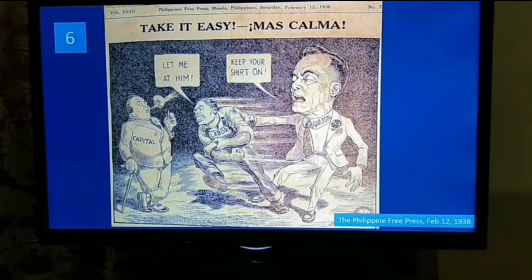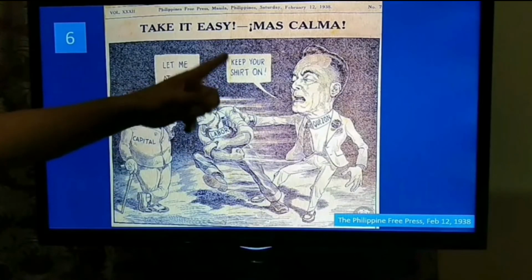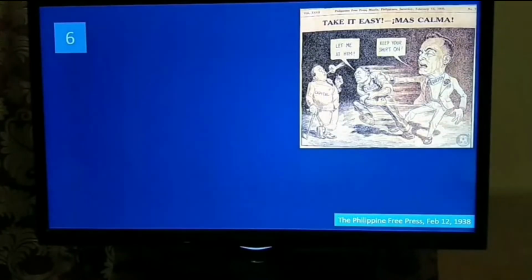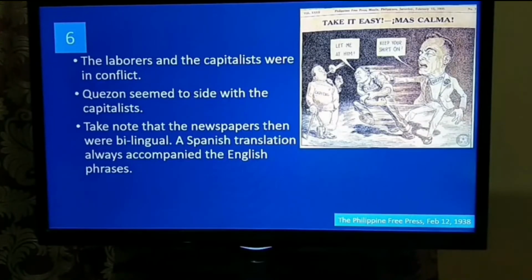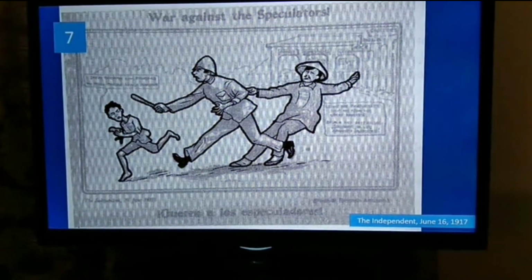Yes, on the side of the capitalists, because they are preventing a labor attack, or what the labor sector would want to happen. They are preventing it by saying, mas calma, okay? Take it easy. So even in that time, we can see that the government is on the side of the rich. And as I've mentioned, it's bilingual. So now, let's go to number 7.